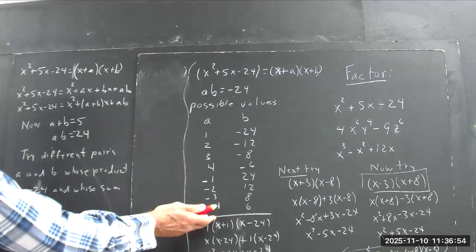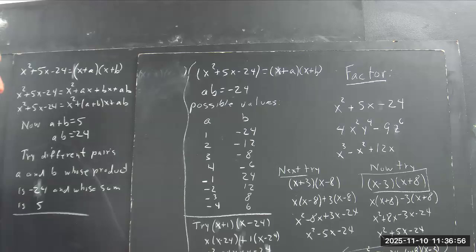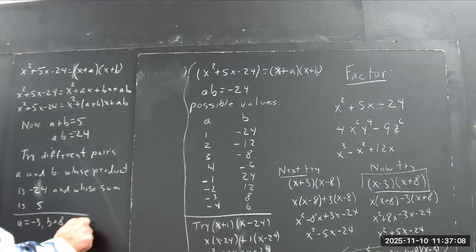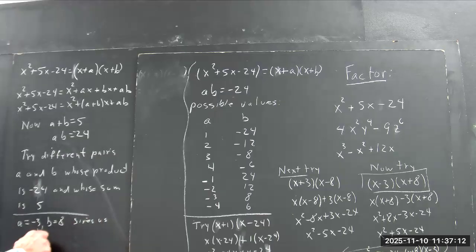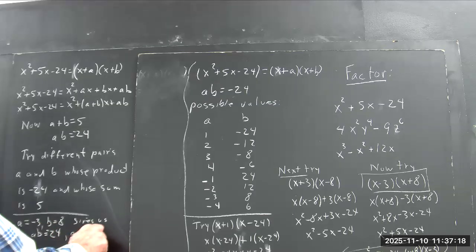Okay, looking at our list of possible products, a equals negative 3, b equals 8 gives us ab equals negative 24, a plus b equals 5.